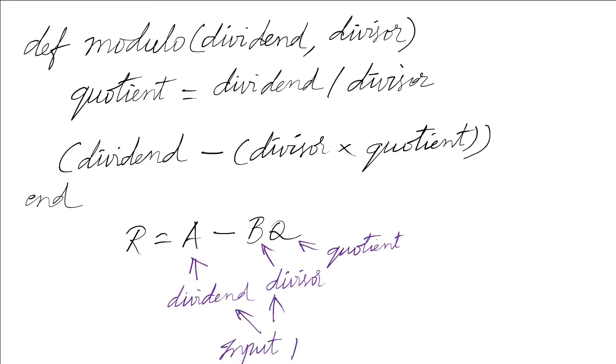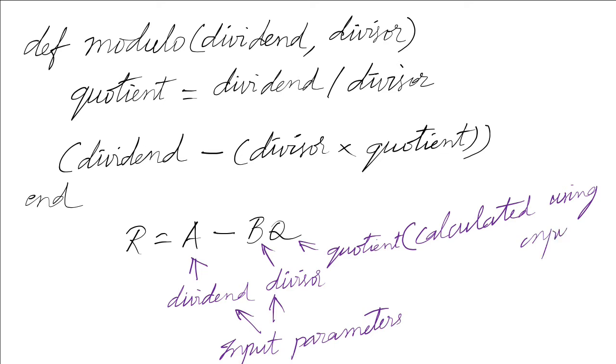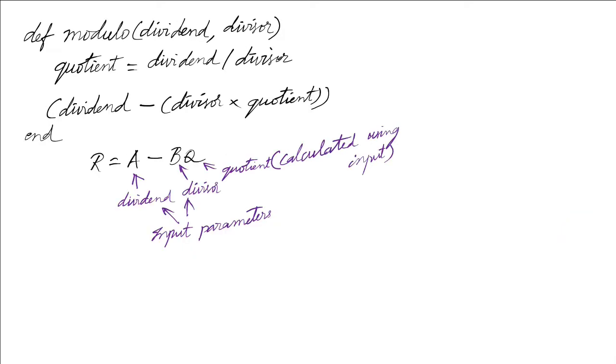Dividend and divisor are input parameters. q is calculated using the input parameters. Time complexity is O of 1 and space complexity is O of 1.